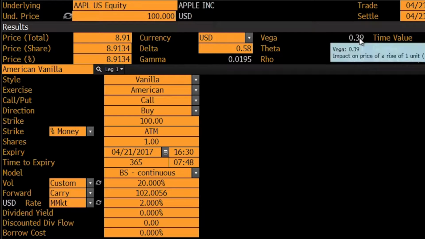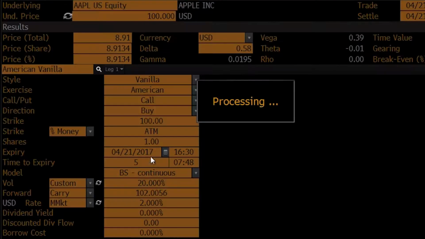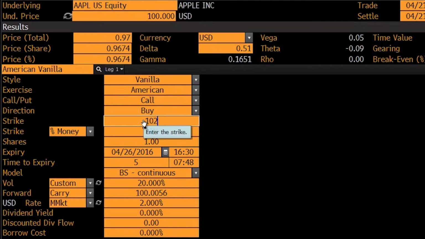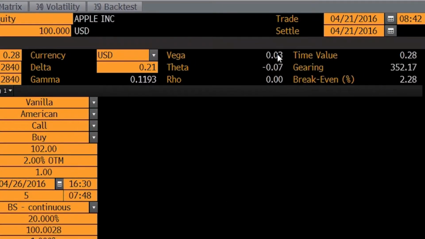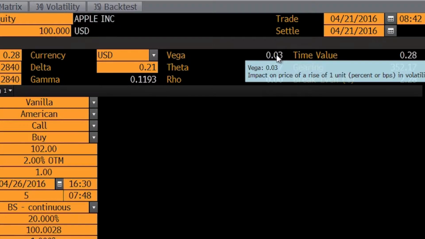So the absolute number of cents change of an option's price is much bigger than for a 5-day option, 102 strike with interest rate 1%. That Vega is as low as 3 cents. So in terms of absolute numbers, the Vega is much bigger. It will change the option price by more dollars when there is a lot more time left on the option price. So the sensitivity to changes in forecast of volatility is much bigger for a longer dated option.